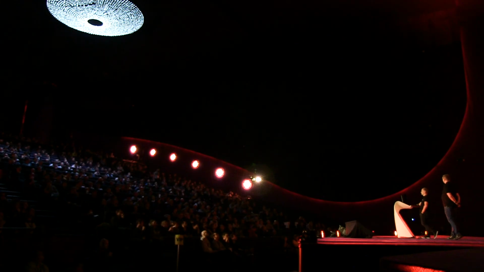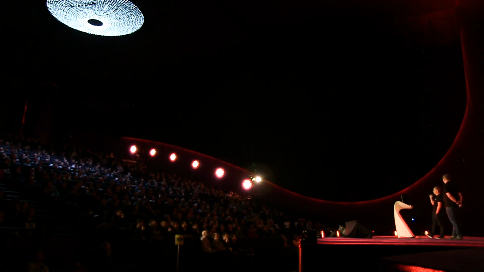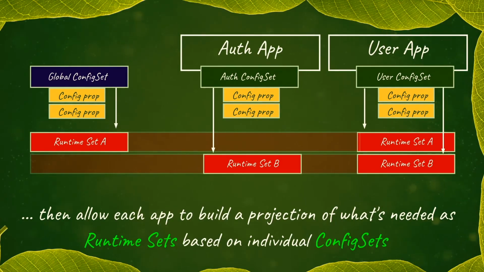Then we allow a global config set with configurations inside. And what's even more important, in the end, we do some kind of optimization. We allow each app to create a projection of the configurations that are needed, called a runtime set. So you build a runtime set from those configurations that you actually need.